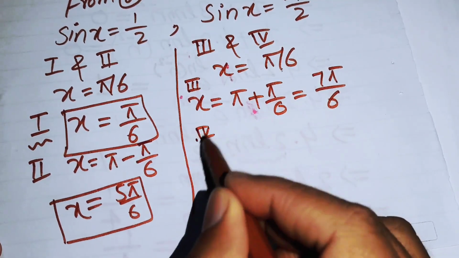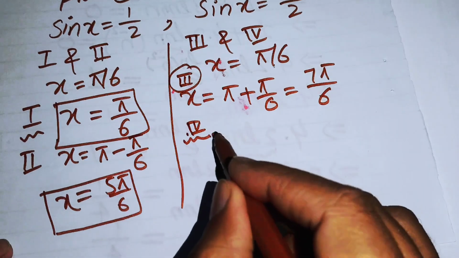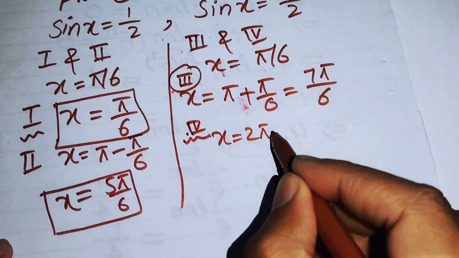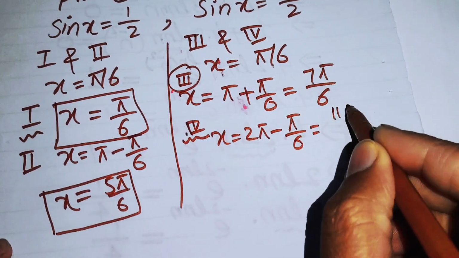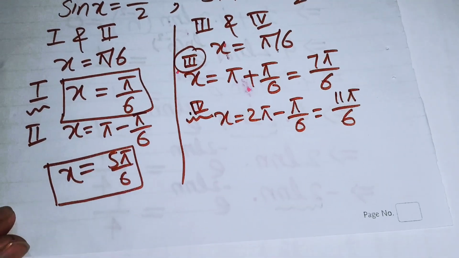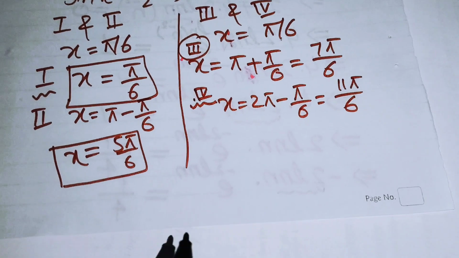And in the fourth quadrant we know that the value is x equals to 2 pi minus pi by 6, and you will get 11 pi by 6. So here you obtain another four angles.